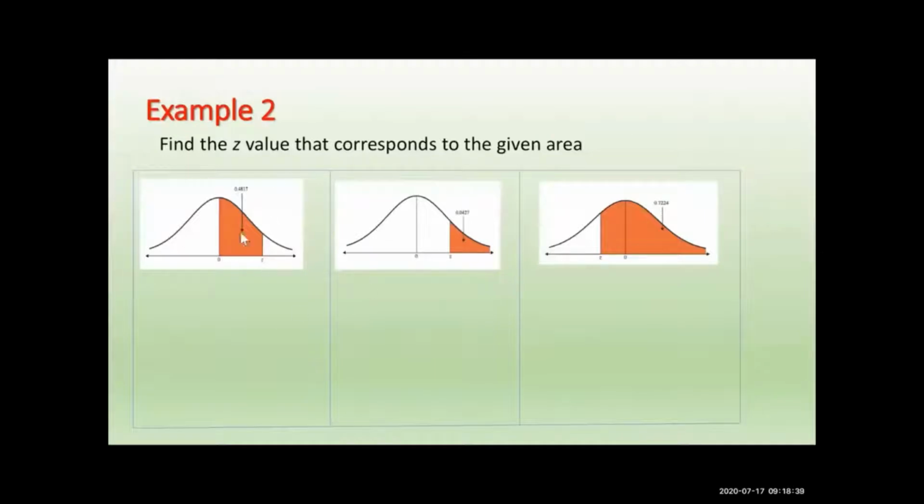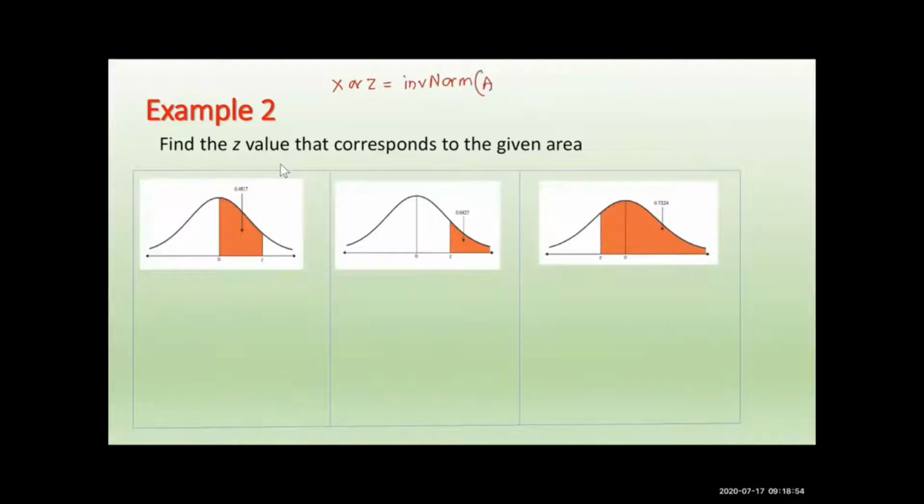So here, the formula that you need to remember for your calculator is, in order to find the x or z score, it is equal to inverse normal in our calculator.